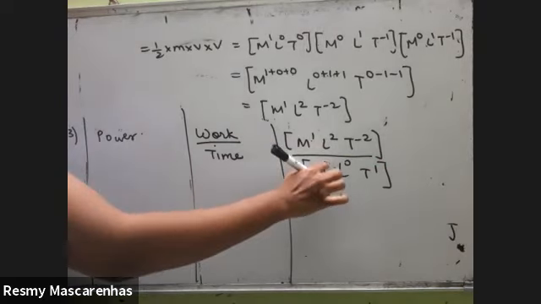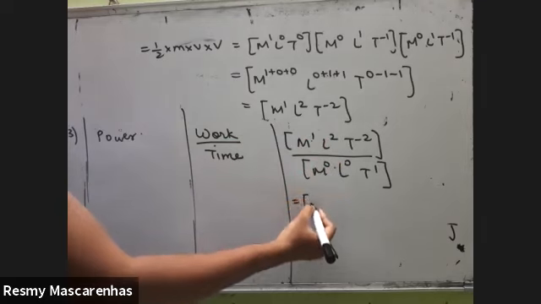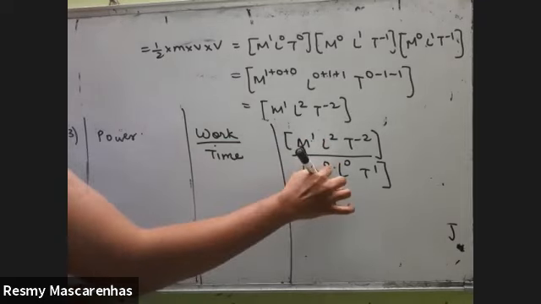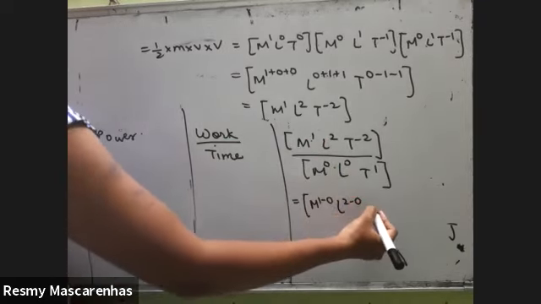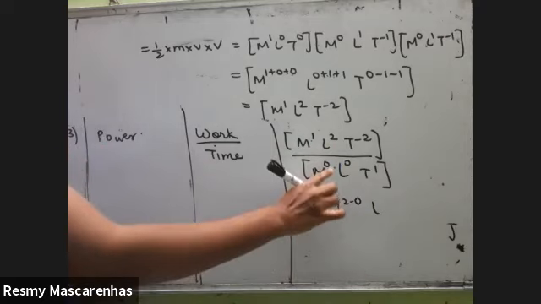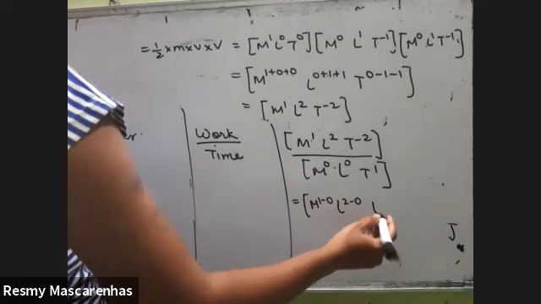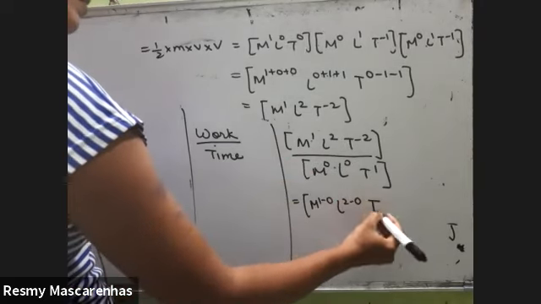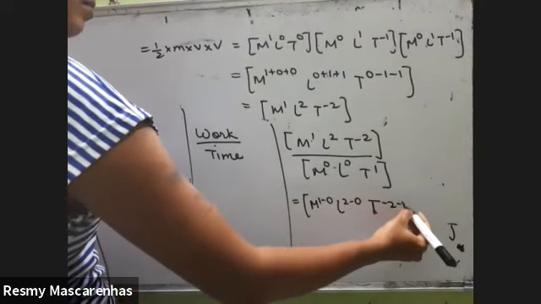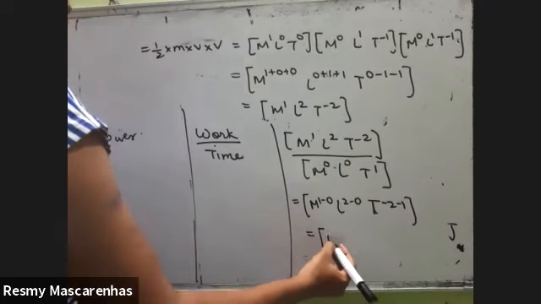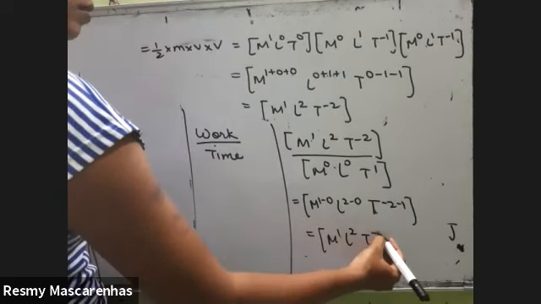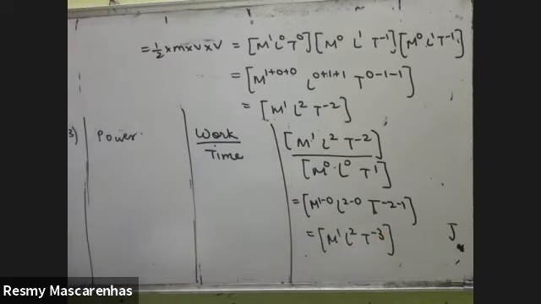Whenever it's division, this will go up. This will become minus. L2 minus 0. Without showing this also, those who are okay, directly calculate in your mind and write your answer. T minus 2 minus 1. M1 L2 T will be minus 3.